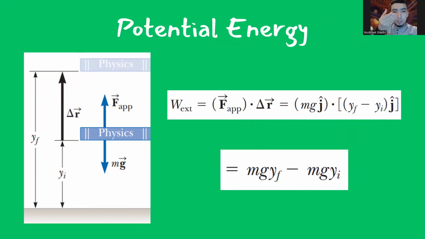And then we have the change in displacement, which is yf minus yi. In this case, you can just multiply the weight by yf minus yi, which will be our displacement. This uses the constant force equation or formula.